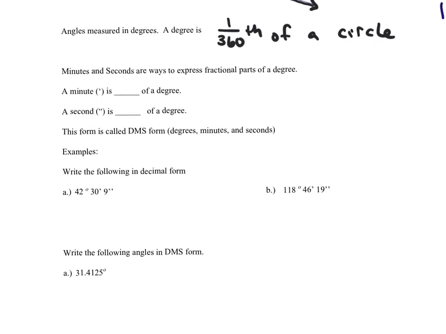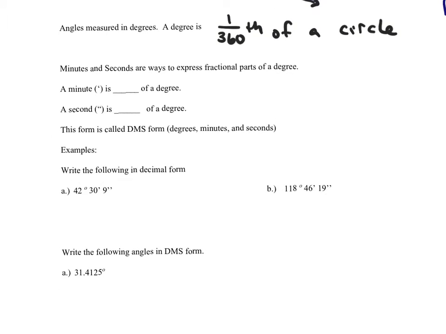So a minute is actually if you take 1 degree and you split it into 60 parts. So 1 minute, which is denoted by a little dash, a little apostrophe, is 1/60th of a degree. So if I take 1 degree and break it into 60 parts, so a really, really tiny angle, we call that a minute.